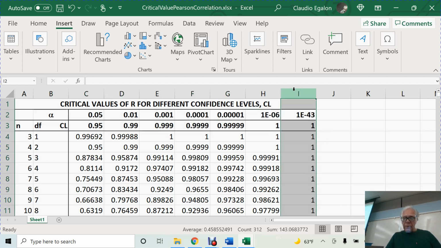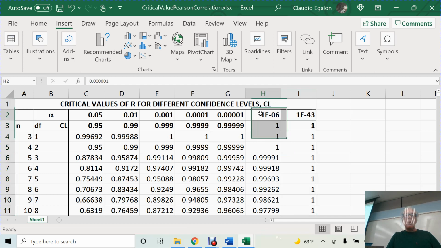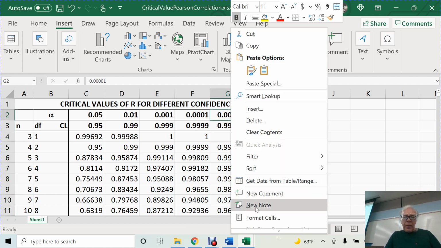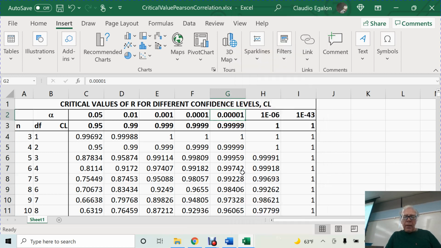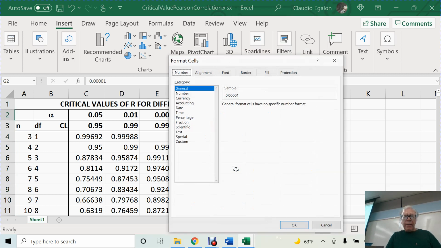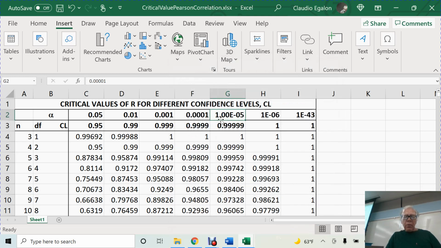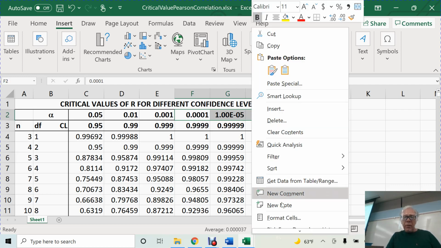I don't need that. Okay, that's one. I'm gonna put that in scientific format, so you know what you're doing. So it's easier, right? This one too, I'm gonna put in scientific format. All of them, I'm gonna put in scientific format.